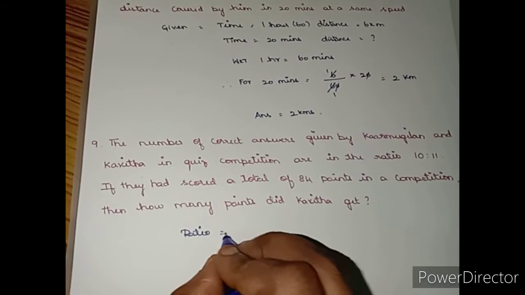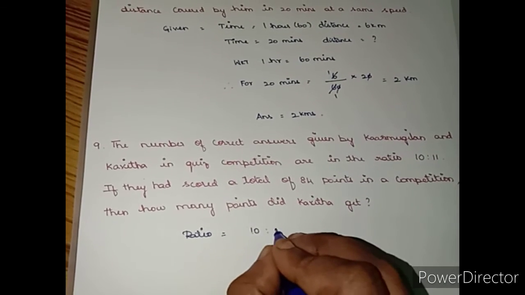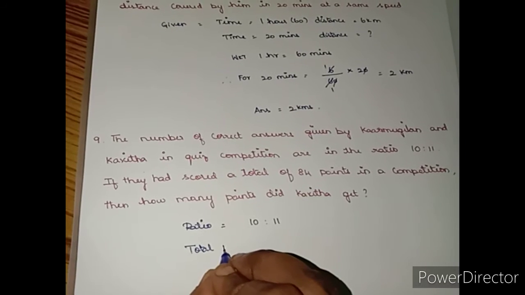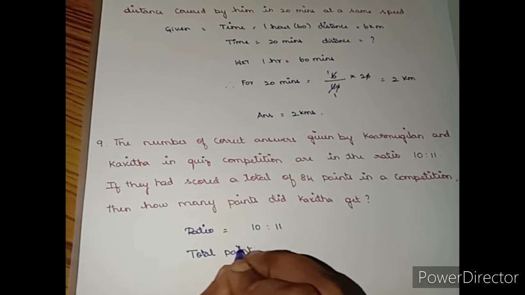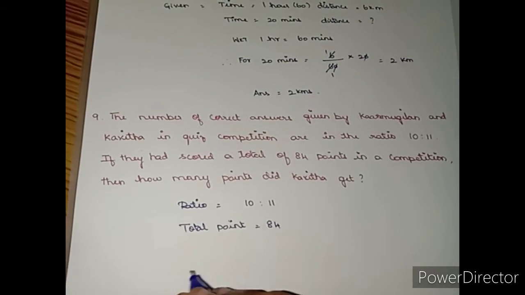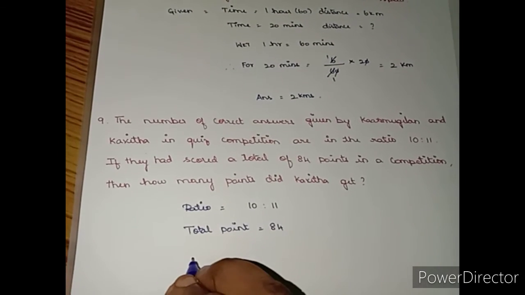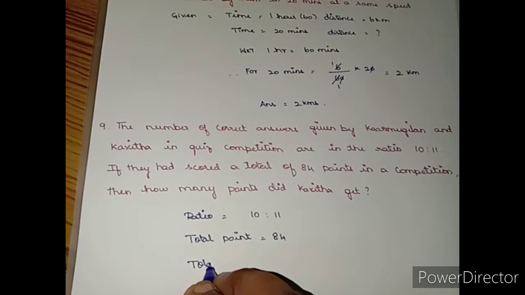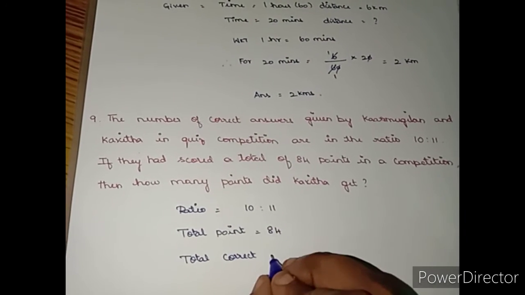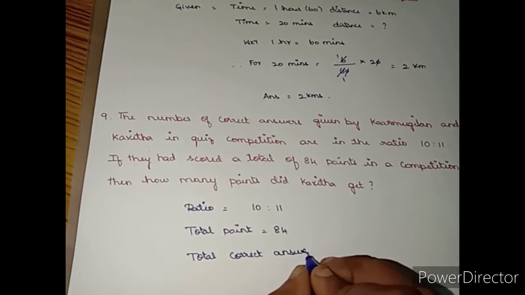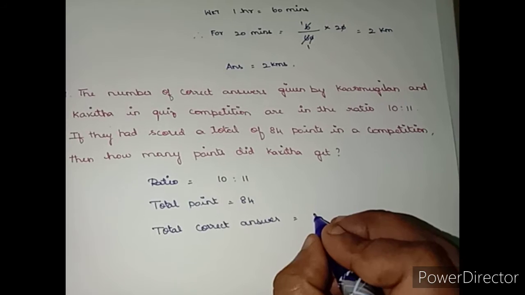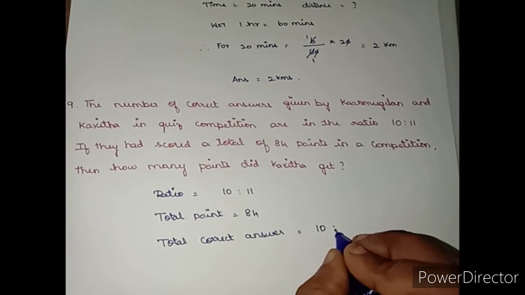Ratio given is 10:11. Total point is 84. First, total correct answers is equal to, what is the ratio? 10:11, right?